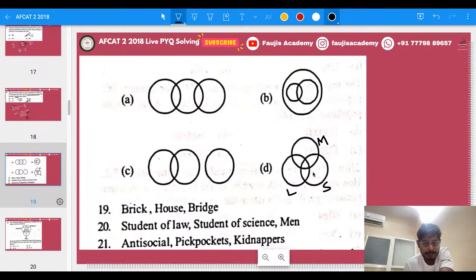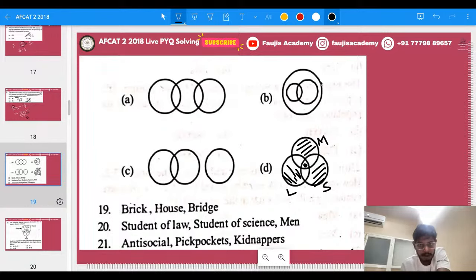A few women are only students of law and science. A few men are not students of anything. Some men are students of both law and science, isn't it? Why do you think B should be the answer?